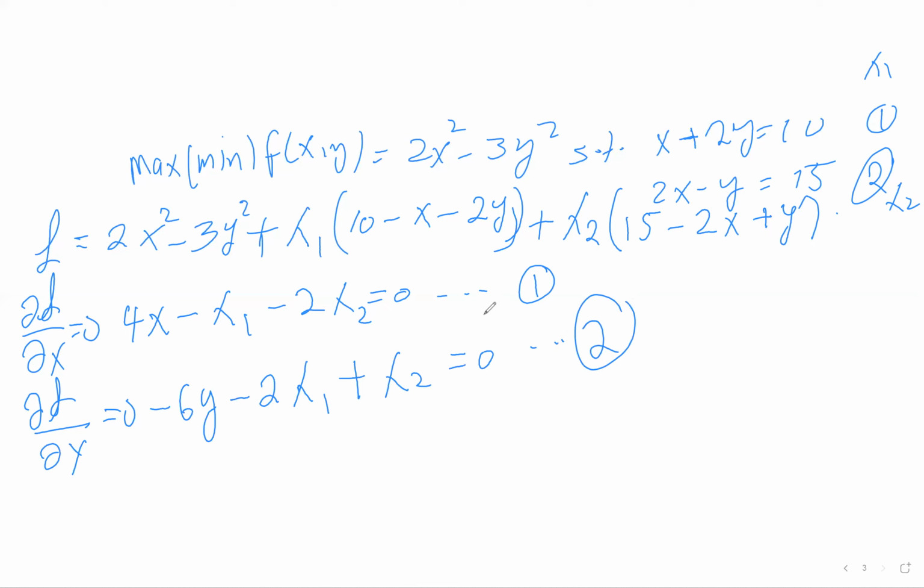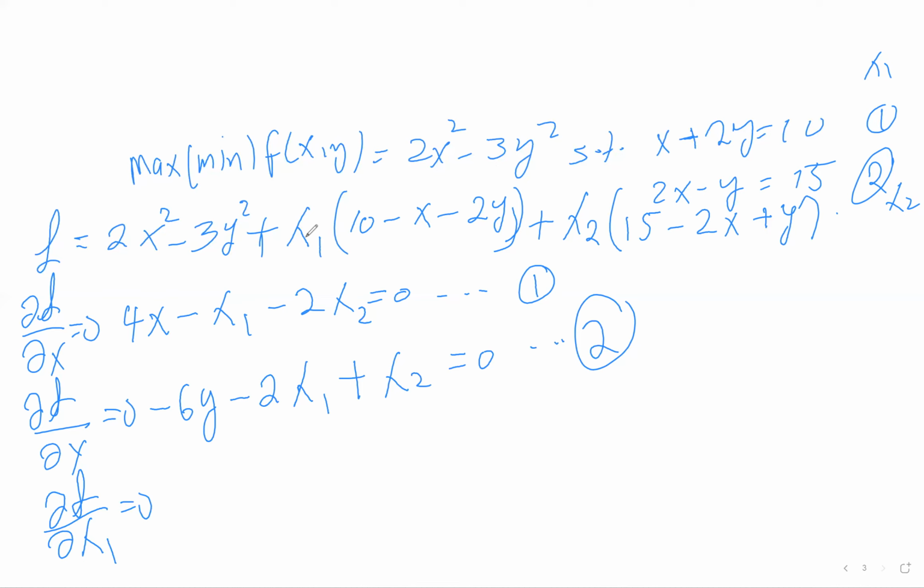For equation 3, we have the derivative of the Lagrangian with respect to lambda 1. Here we have a function which is lambda 1 times this one.